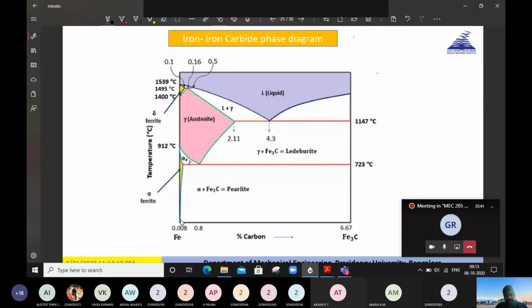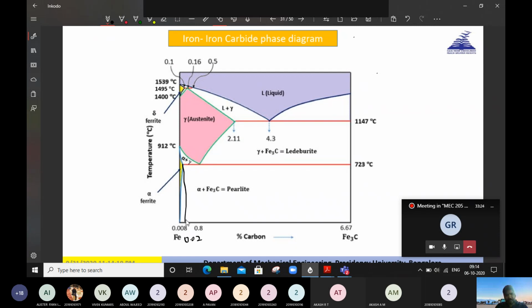So here you can see at room temperature, this is the alpha ferrite. This yellow region is known as the alpha ferrite. This composition is 0.02, which is the maximum amount of carbon that can be present in the alpha phase.